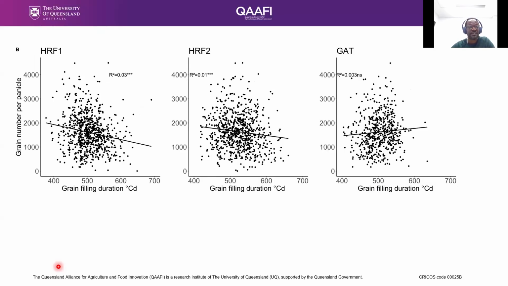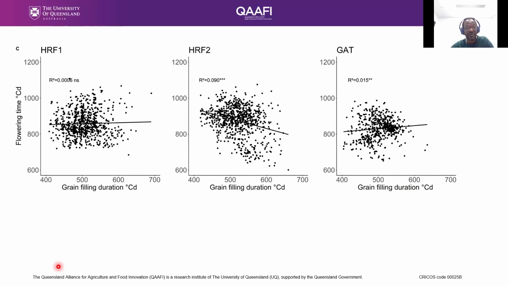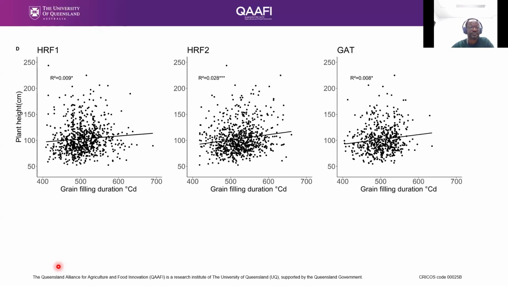We also looked at flowering time, and we show that here we could have genotypes that are earlier flowering, but still have longer duration and vice versa, meaning we could improve grain filling or modify grain filling without penalties to the flowering time.